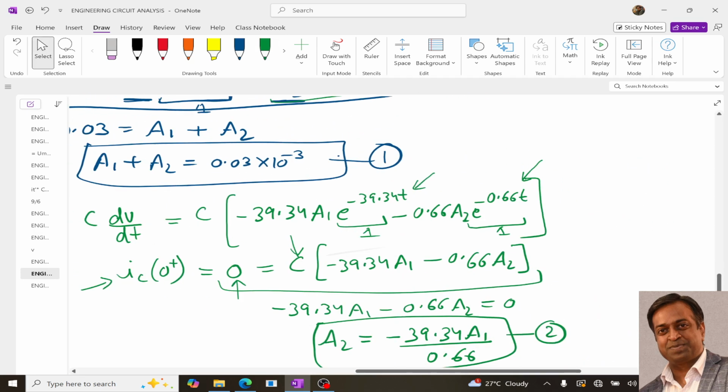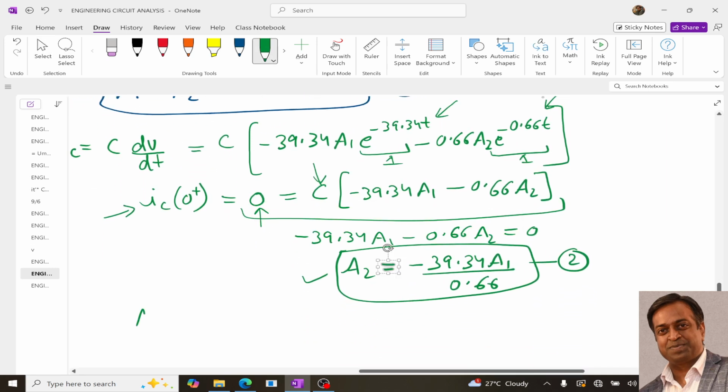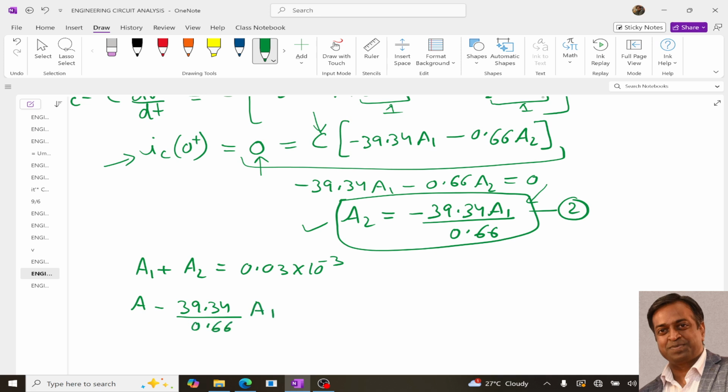So now we have these two equations. First is this, second is this. So substituting the second in the first, we get A1 plus A2 equals 0.03 into 10 power minus 3. Now A2 is this. So substituting this value, we get A1 minus 39.34 upon 0.66 A1 equals 0.03 into 10 power minus 3.